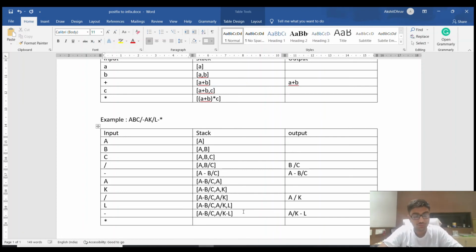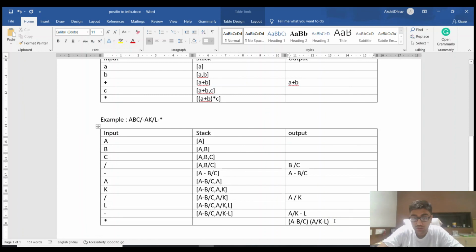multiplication. So now when we add multiplication, it's again the operator, so we will remove two elements. Who are they? First element is A minus B / C, a single element, and A / K minus L, that is A divided by K minus L, is a single term, right?